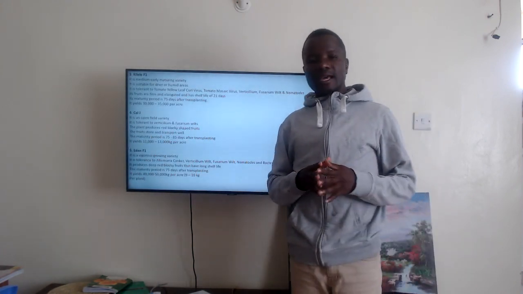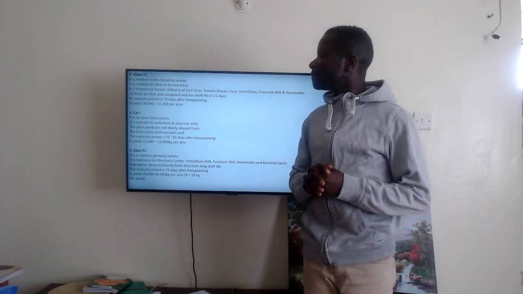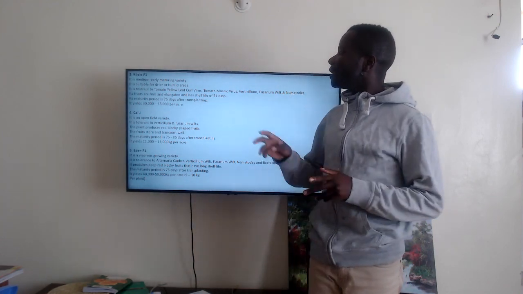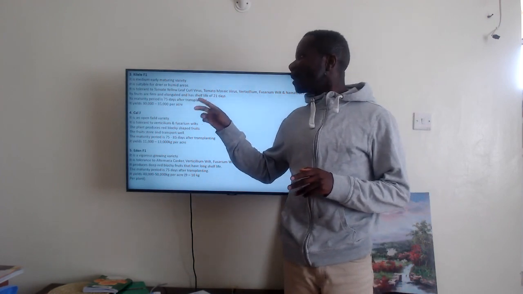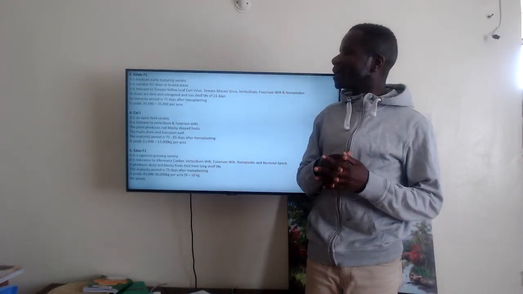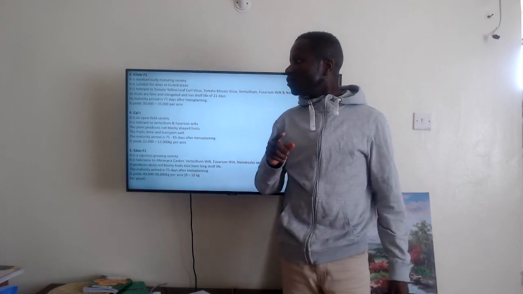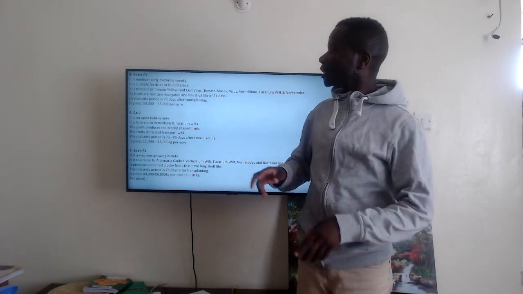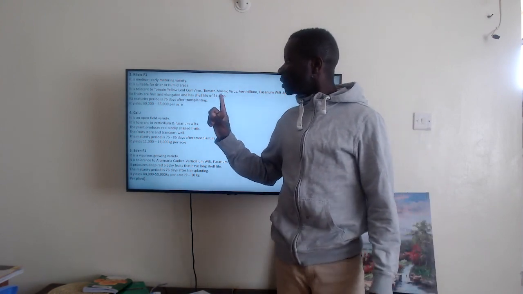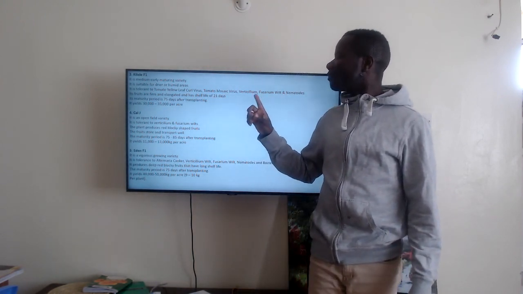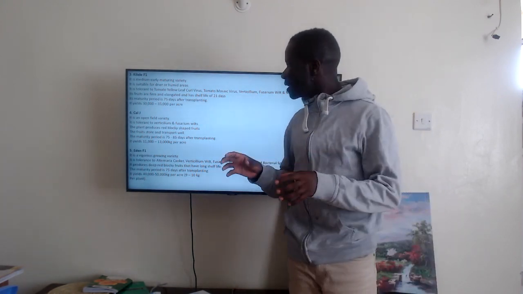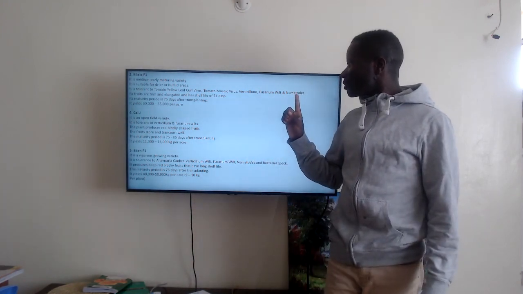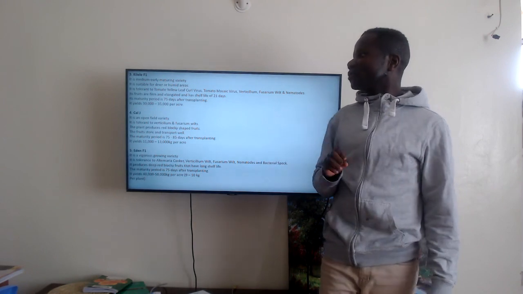The next slide shows us the third variety of tomatoes, the Kilele F1. It is a medium early maturing variety. It is suitable for drier or humid areas. It is tolerant to tomato yellow leaf curl virus, tomato mosaic virus, verticillium, fusarium wilt, and nematodes.